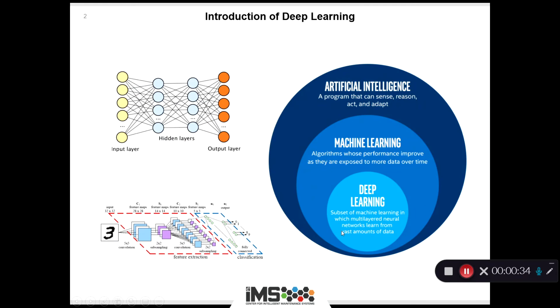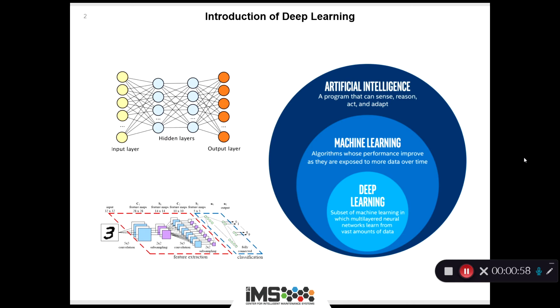So deep learning has been very popular in recent years, but it is really not very new. Actually, it has been developed over many decades. The biggest concept is artificial intelligence, and it refers to any programs that can sense, reason, act, and adapt in many applications.